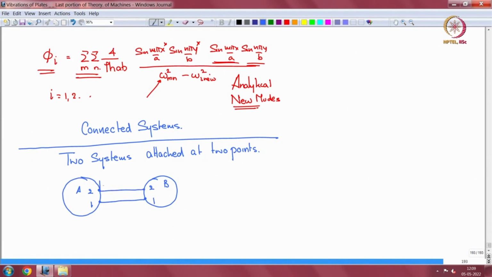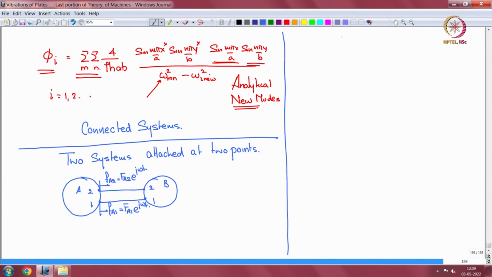So as before, there is a force FA2 e to the power j omega t, FA1 e to the power j omega t, and displacements for A and B. So what happens?